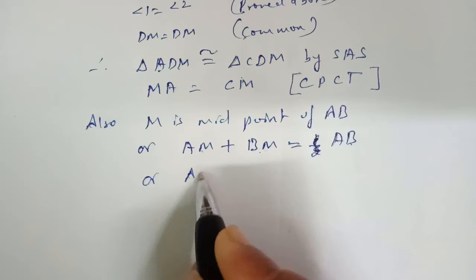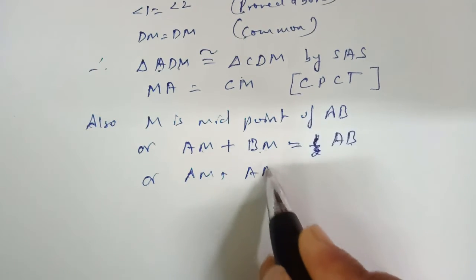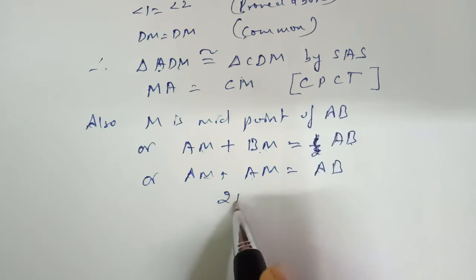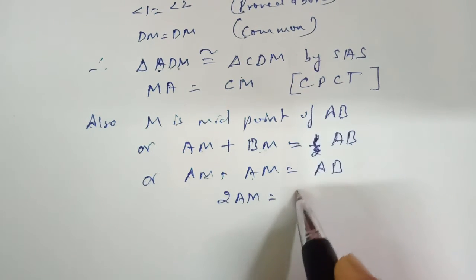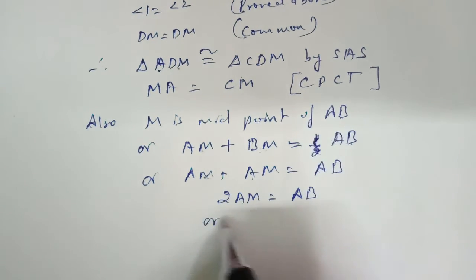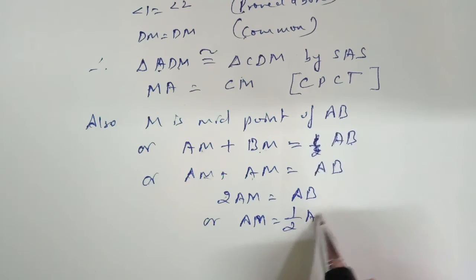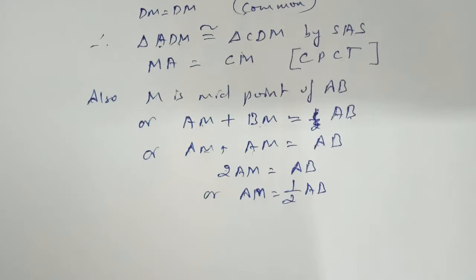So AM plus AM is equal to AB. Both will be added, we get twice of AM equal to AB. Or AM is equal to, when 2 is transposed to the other side, it moves to the division, so it gives half of AB.